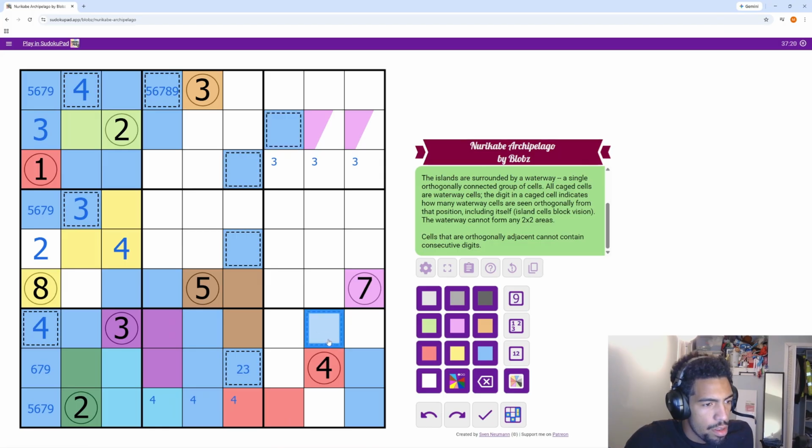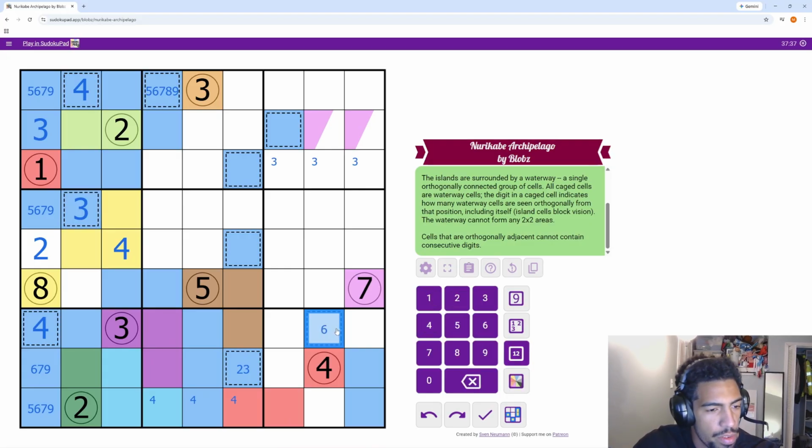I don't think so. This one was the most interesting, but it could be a 1, could be a 2, and it could be a. I guess if it was not 1 or 2, it'd have to be a 6. So maybe we can learn something from here. If it wasn't 1 or 2, it had to be at least a 6.